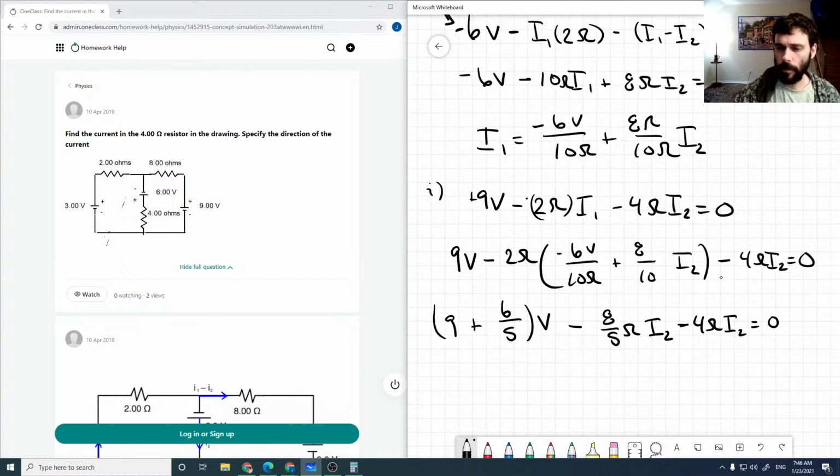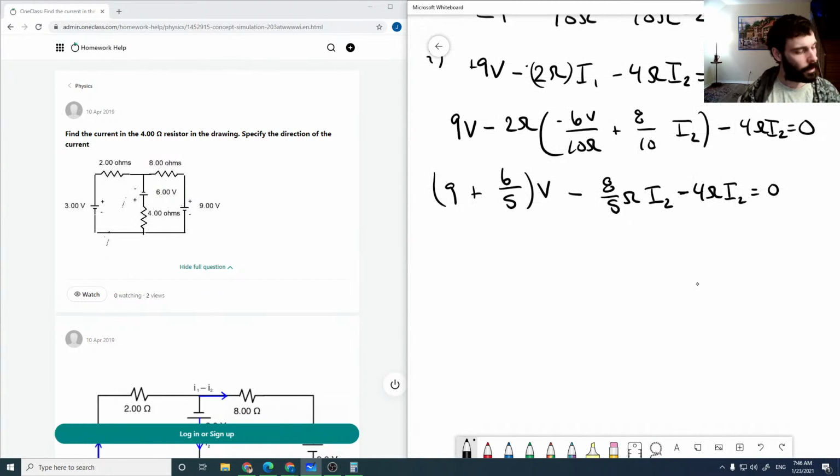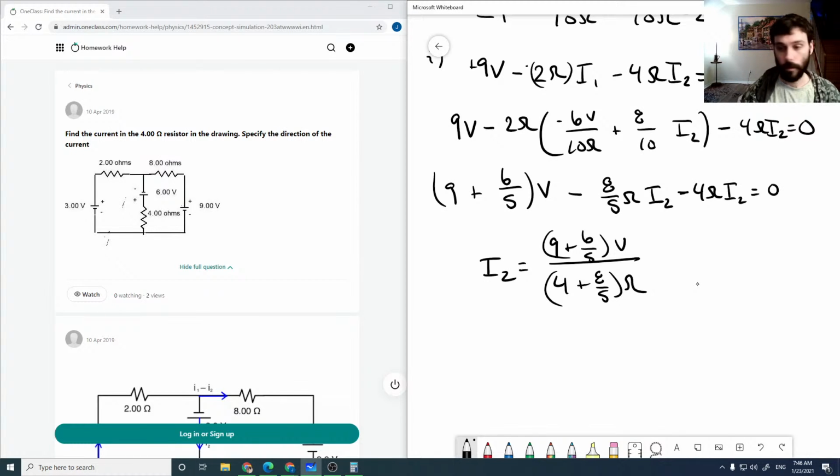We can now pull our I2 to the other side and rearrange, and so then I2 is 9 plus 6 over 5 volts over 4 plus 8 over 5 ohms, which is 10.2 volts over 5.6 ohms, which is 1.821 amps.